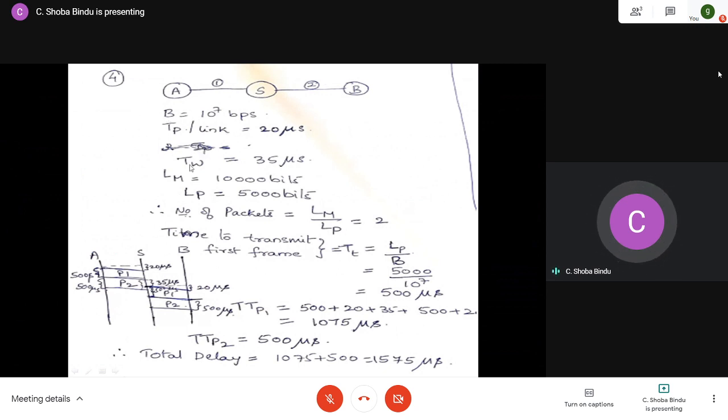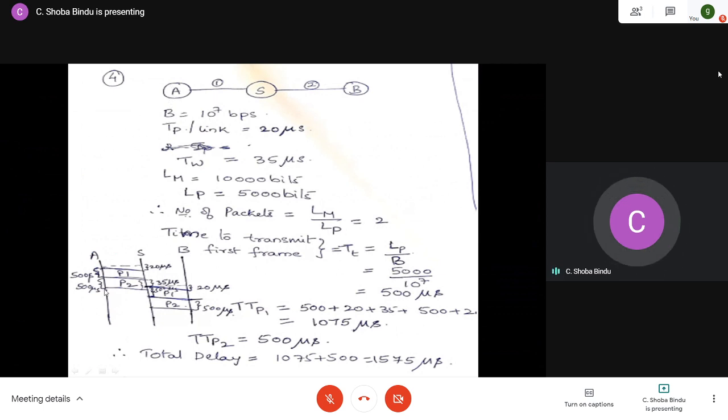Now, when you want to calculate how much time it takes for the second packet to reach the destination: immediately after placing the first packet onto the link, A starts transmitting the second packet.